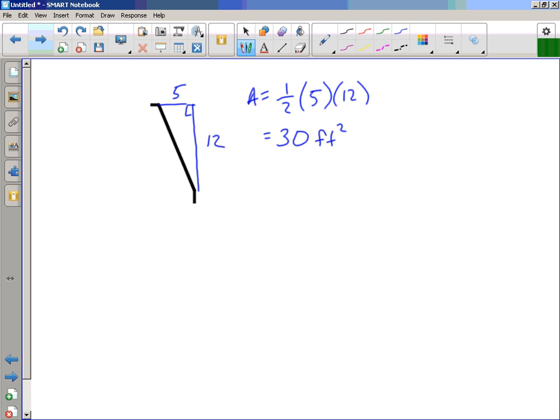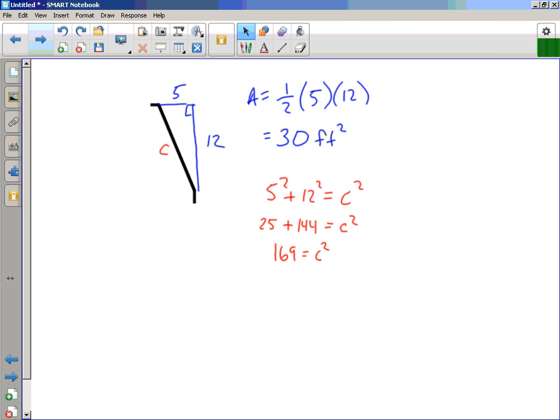I'm going to go ahead and do Pythagorean's theorem on it, where this is C, because I want to know what that third side is, because I'm going to need that for my fencing. So this is going to be 25 plus 144 equals C squared. Add those together, and that's 169 equals C squared.